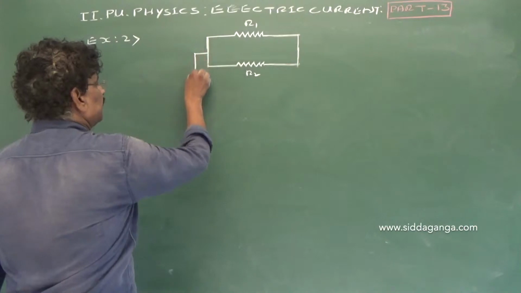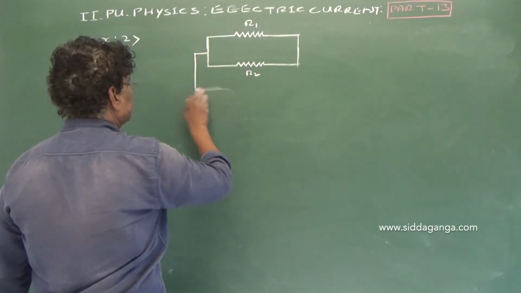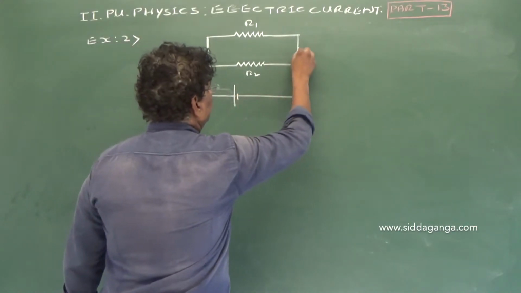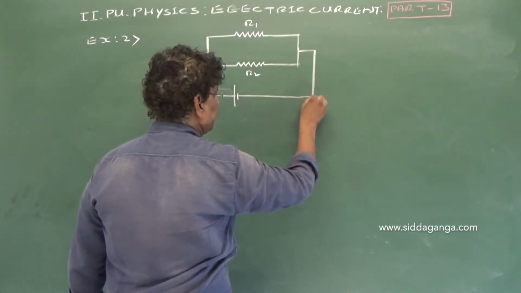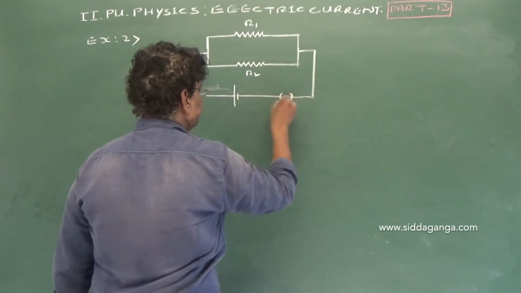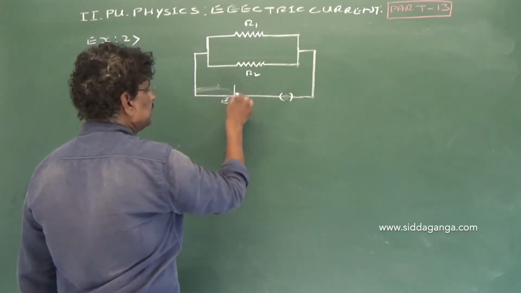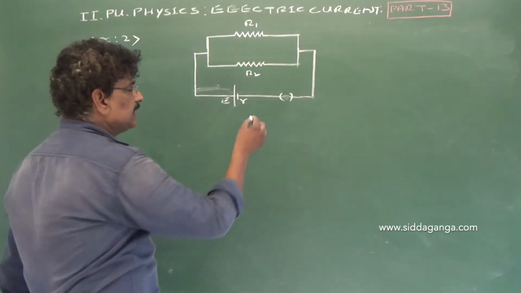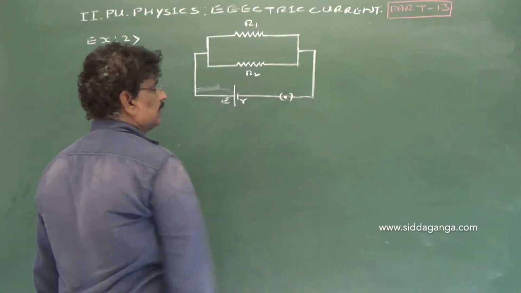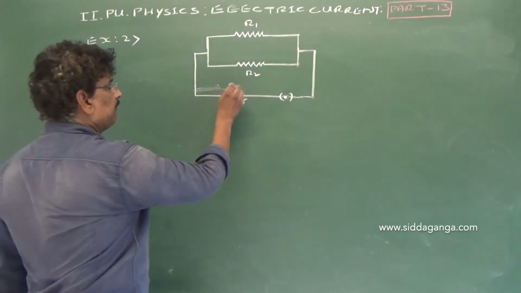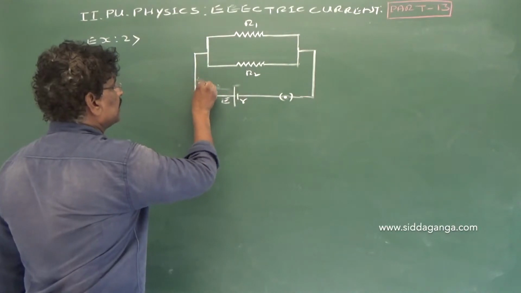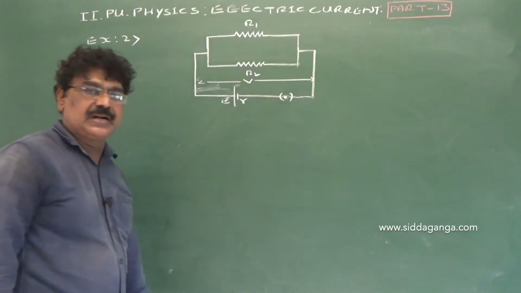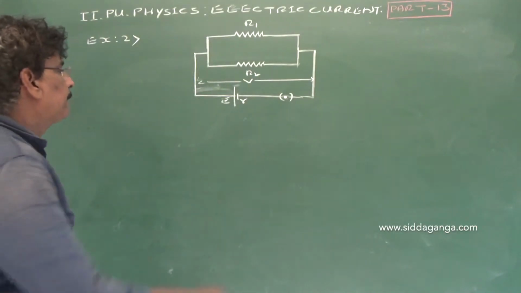Now this combination is connected to a cell of EMF E and internal resistance R through a key. When key is closed, a potential difference appears across the combination. That is the terminal potential difference provided by the cell, V.